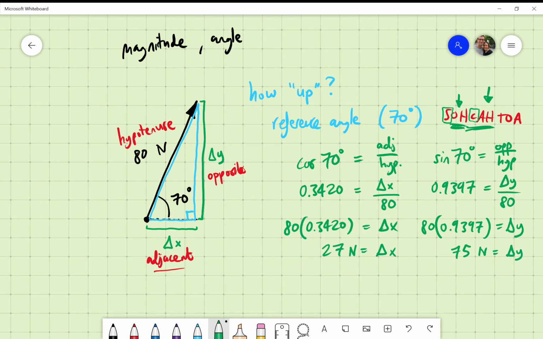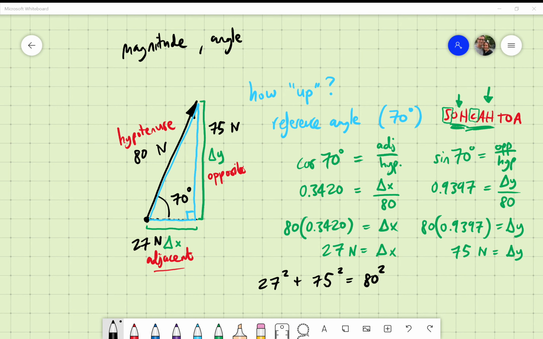Okay, so I now know everything I need to know. I've got 27 newtons here. I've got 75 newtons here. And by the way, you could check that your answer is correct, because if it is, this is a right-angled triangle, and the Pythagorean theorem should hold, right? That relationship should be true.